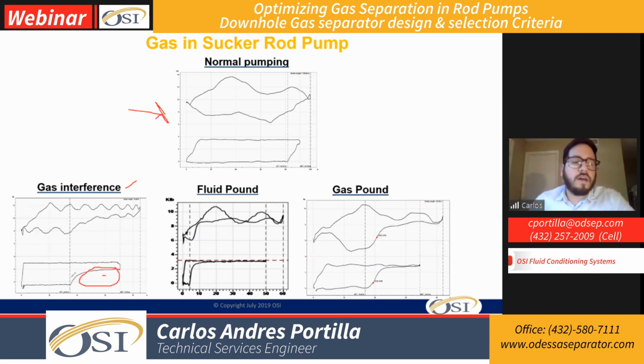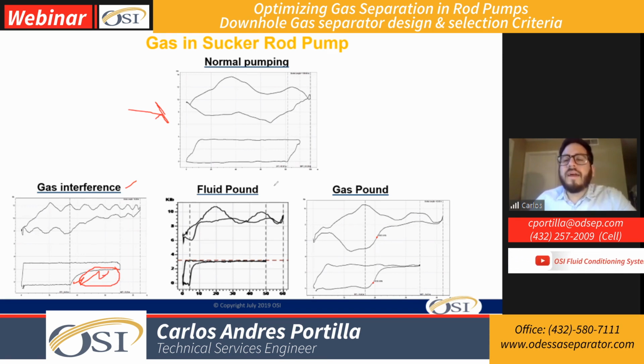So the traveling valve is not opening when it's supposed to be open, so what we're losing is pump card here. Now, the gas interference, we see this when we have high GLR and GOR.